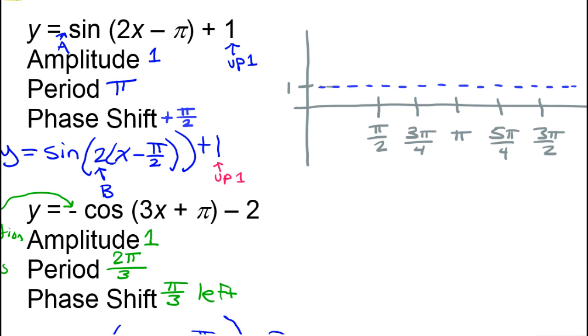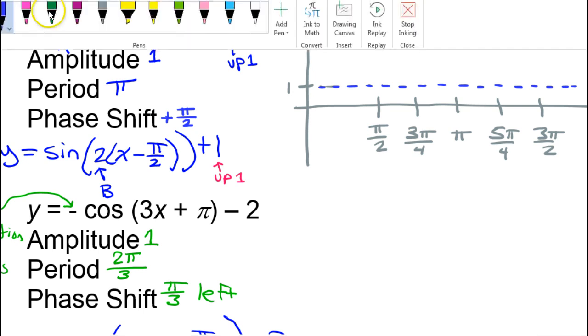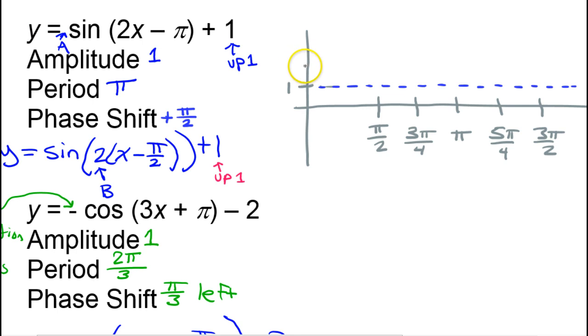So that means if I go up 1 from here, that should be where the highest point of the function is. So if I go up 1 from here, of course that is 2. So that's going to be the high point of the function. I'm going to put another little dotted line as a guideline here. This is not mandatory. You have to put the dotted line for the midline, but the dotted line I just put at 2, you don't have to do that. If I go down 1 from the midline, then that's going to be just 0.